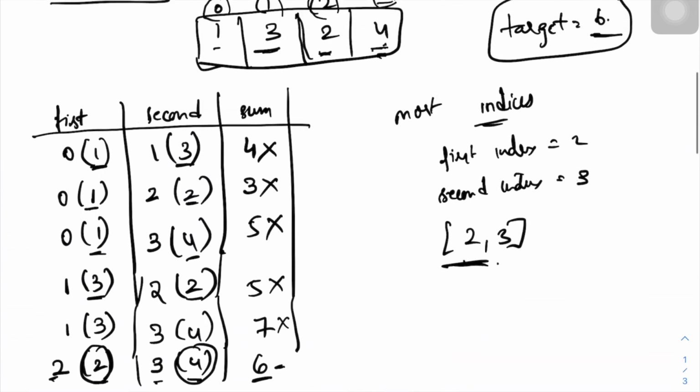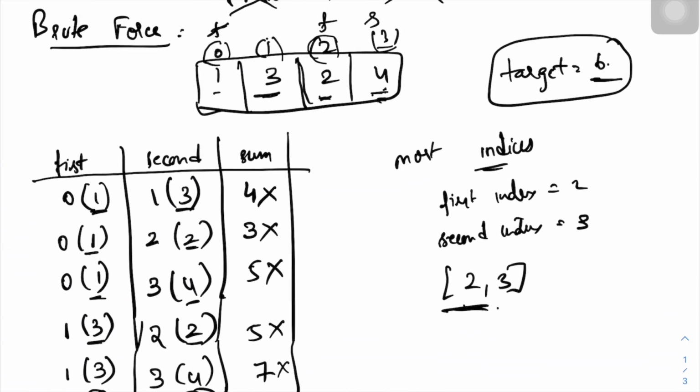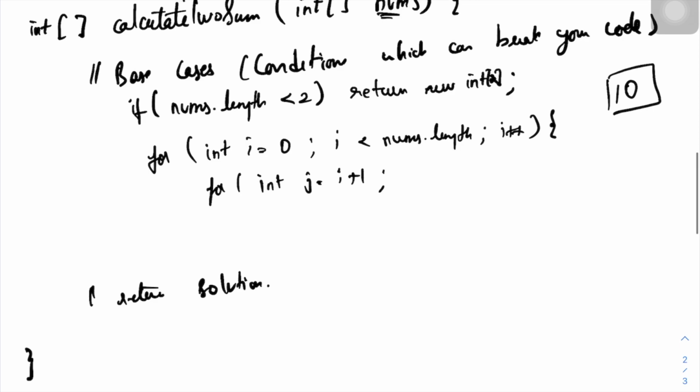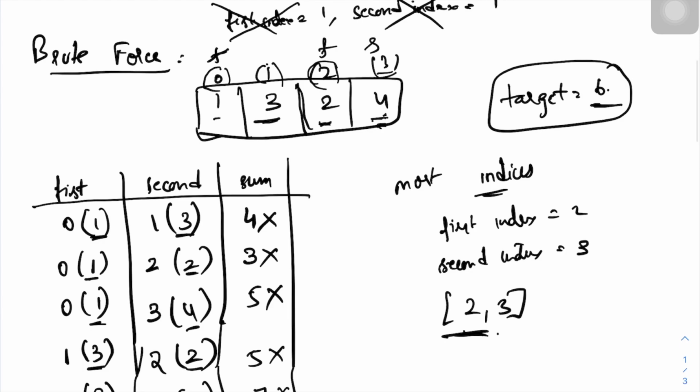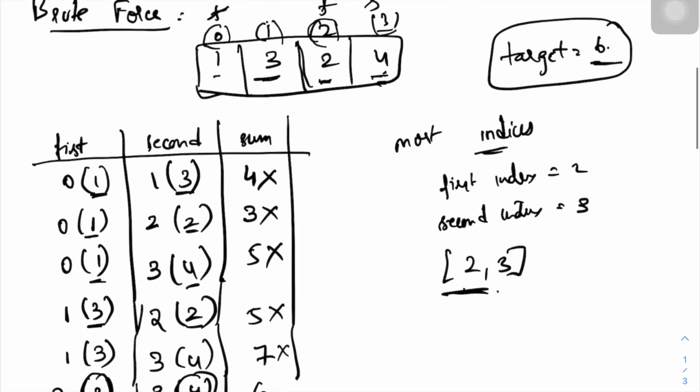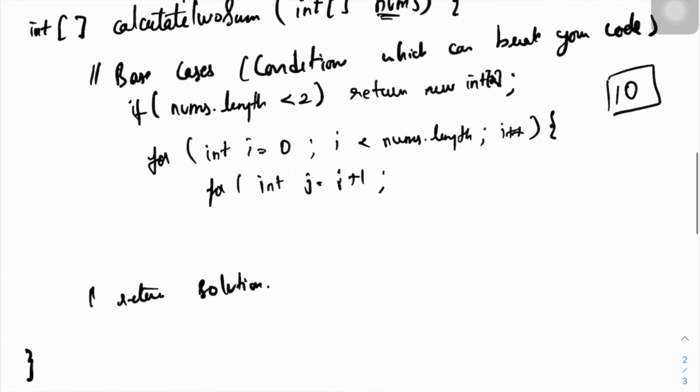While implementing, we saw that the second pointer should always be after the first pointer, because if you keep the second pointer also in the beginning, then you are unnecessarily recomputing the results. And you have to ensure here that i should be less than nums.length minus 1, because after the first element you have to always find the second element.